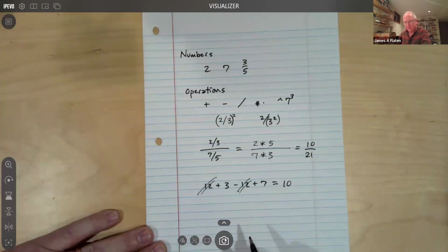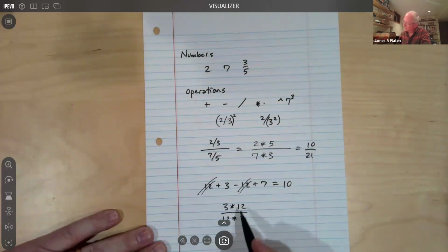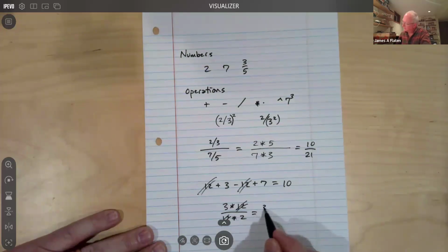Of course, there's also the possibility that you have numerators and denominators. So if I have 3 times 12 over 12 times 2, well, you might notice there's a 12 in the top and a 12 in the bottom, and there's multiplication in both cases. And so I can cancel that, and this will leave me with 3 over 2.